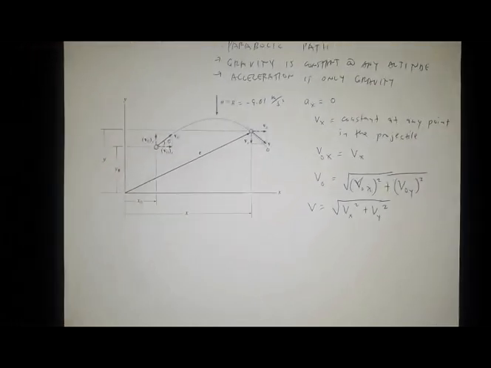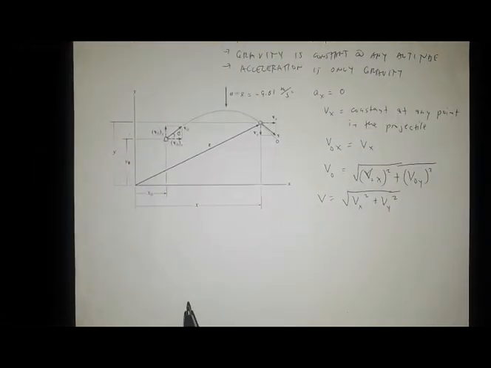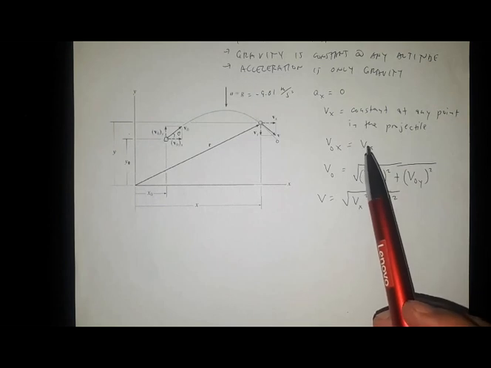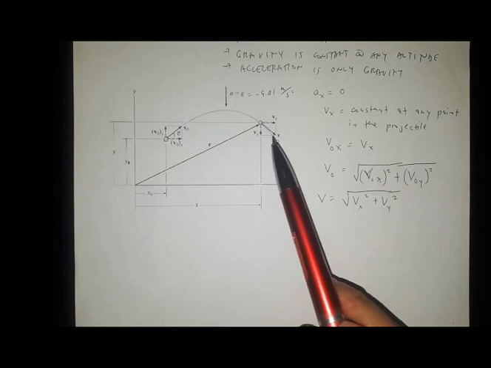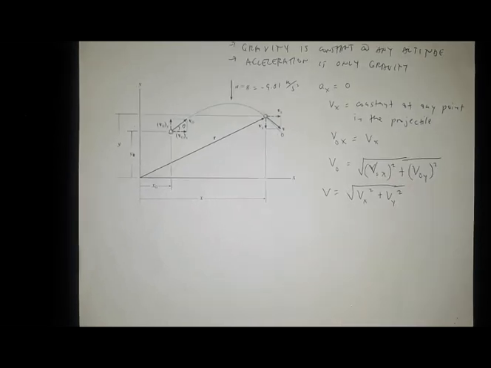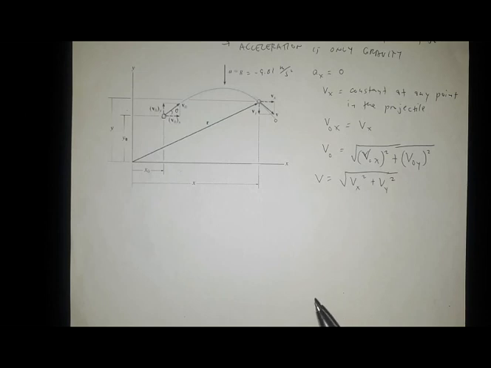So now, knowing that we only have vertical acceleration, this may also cause some changes in the three kinematic equations of motion for constant acceleration.